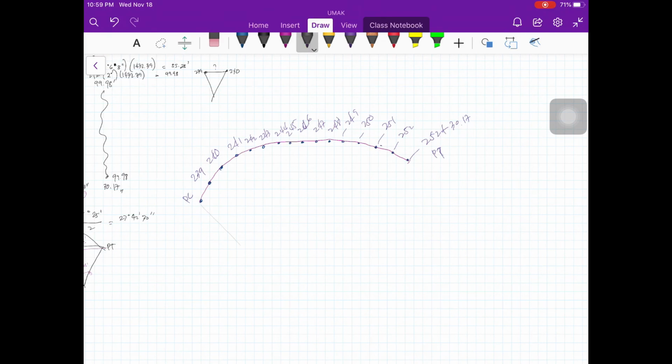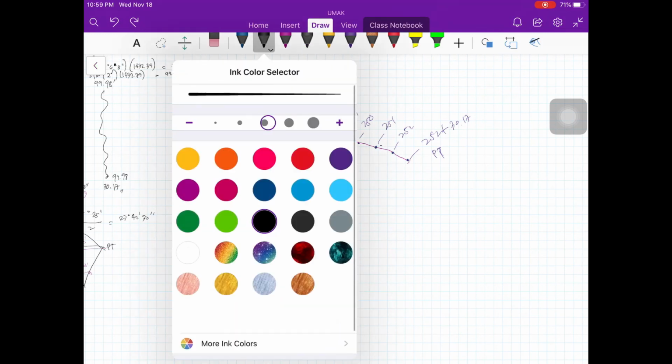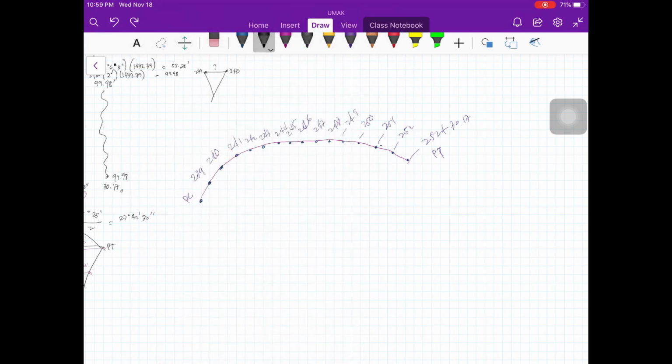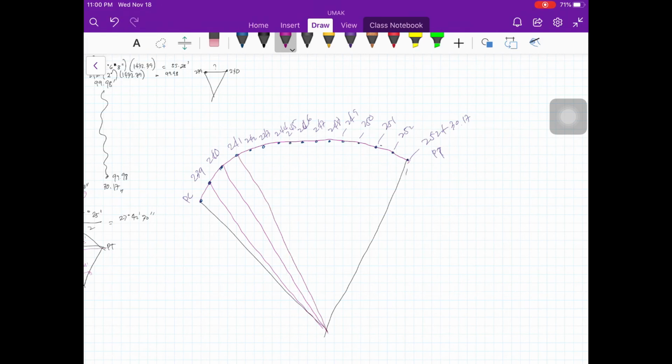So meaning to say, if you put it into layout, you have this radius, and you have this radius connecting different vertices to the intersection of the radius.